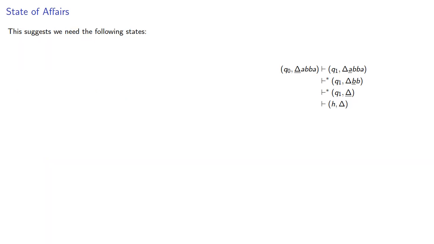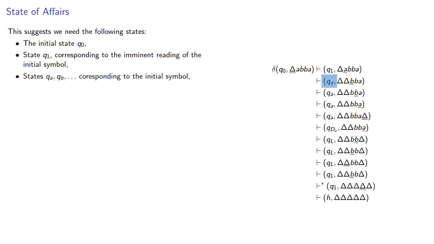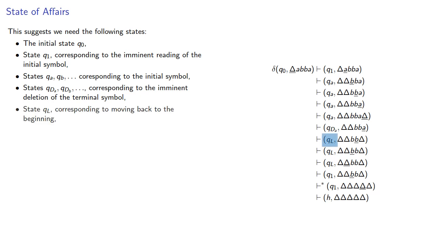And this suggests we need the following states. The initial state Q0, state Q1 corresponding to the imminent reading of the initial symbol, states QA, QB, and so on corresponding to whatever the initial symbol is, states QDA, QDB, and so on corresponding to the imminent deletion of the terminal symbol, and state QL corresponding to moving back to the beginning.